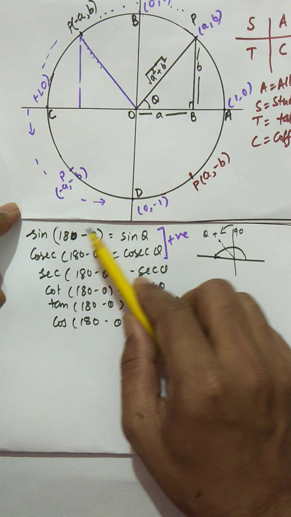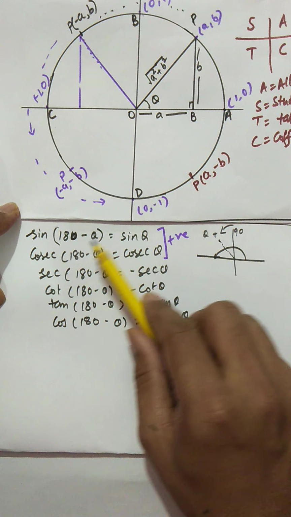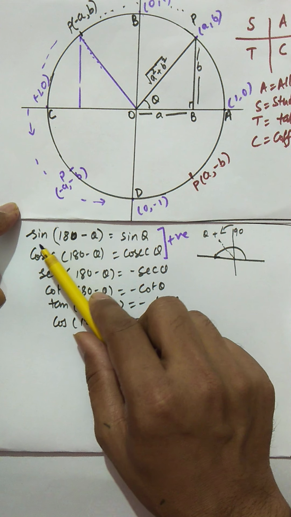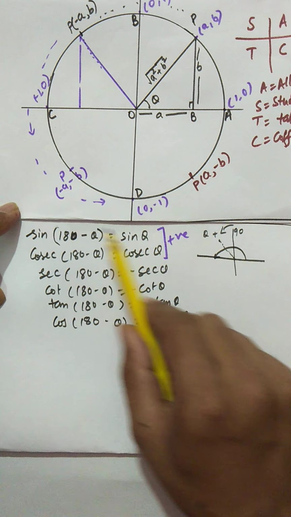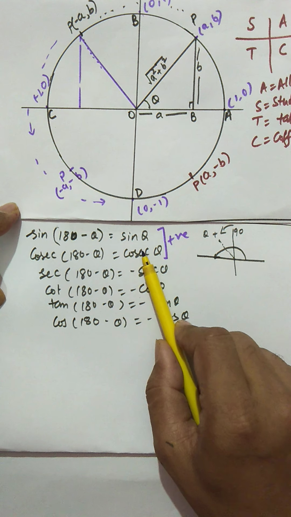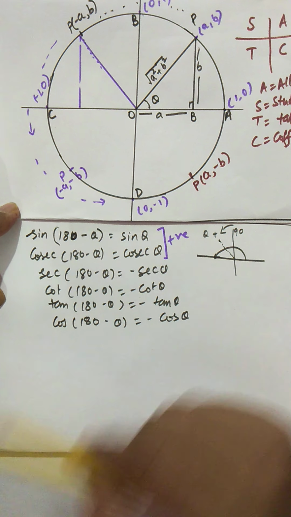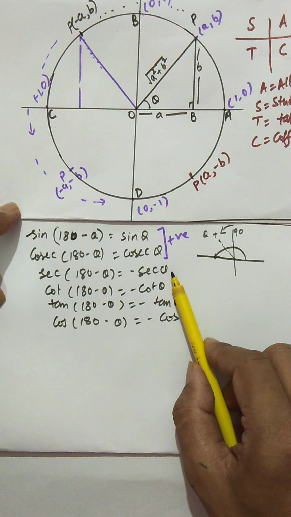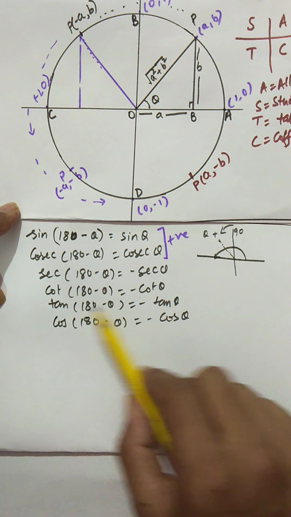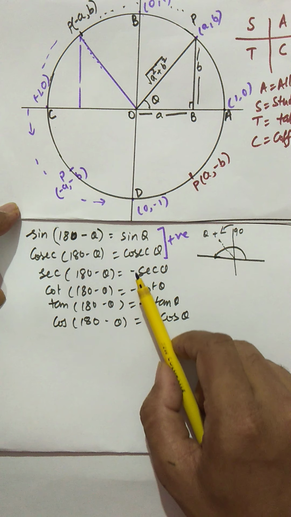When you do 90 plus theta, sine changes to cos theta, but when you do sine 180 minus theta, it is not changing: sine is coming to sine, cosec is coming to cosec, and they both are positive because in the second quadrant sine and cosec are positive. And the rest are not changing: sec is sec theta, cot is cot theta, tan is tan theta, cos is cos theta, only the signs are changing.